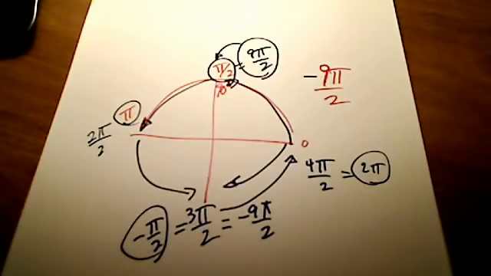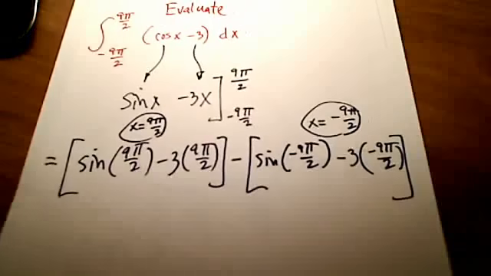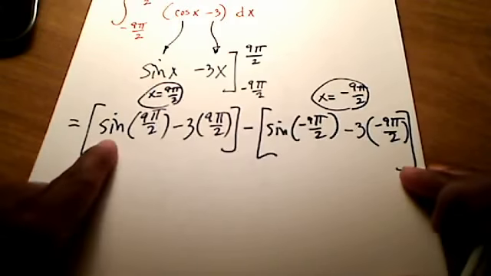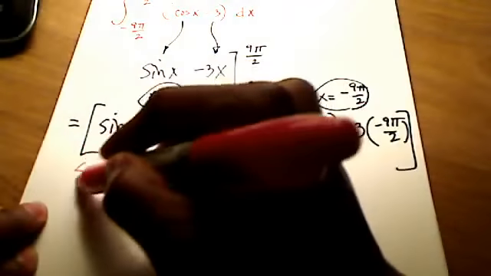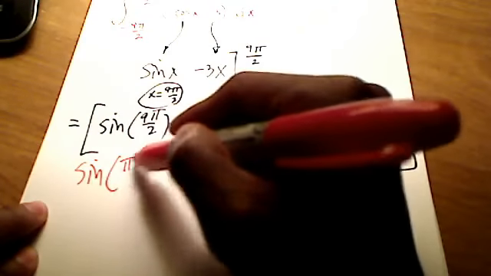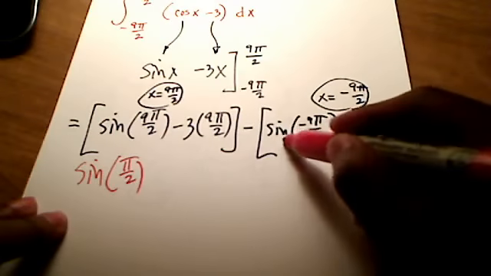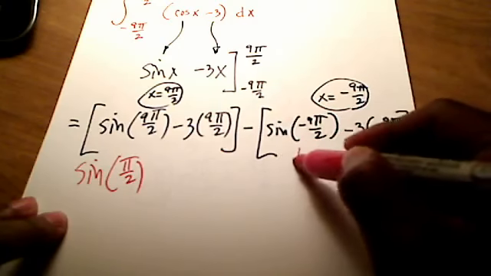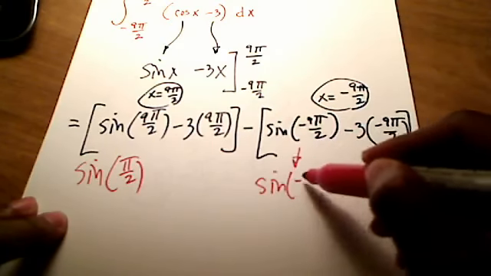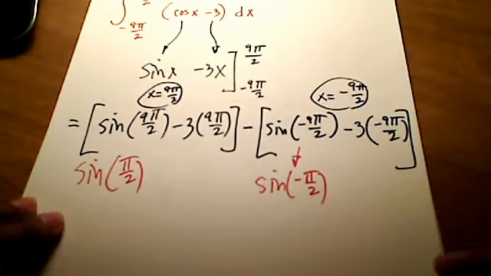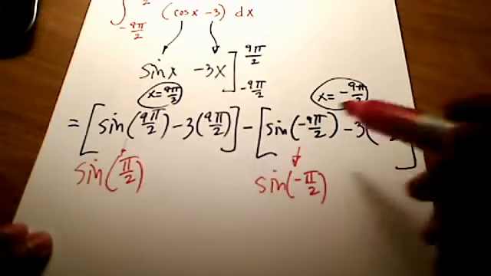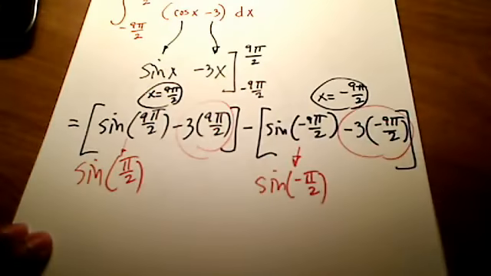Okay, so knowing those two things, you can rewrite these original values. Instead of sine of 9 pi over 2, you could write that as sine of pi over 2. And instead of writing this one over here as sine of negative 9 pi over 2, I could write this as sine of negative pi over 2. I don't know if that helps. I'm going to simplify these a little bit more, as well as what I've got remaining over here.